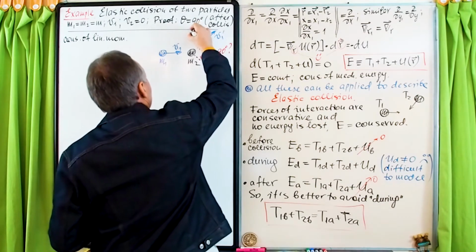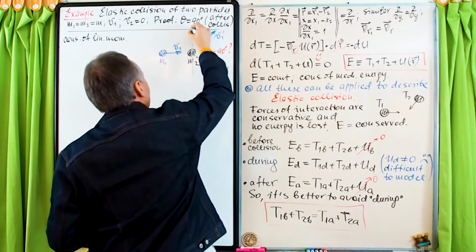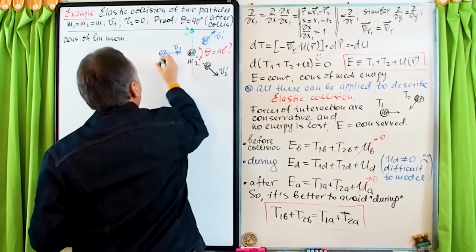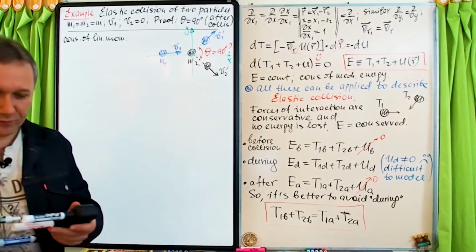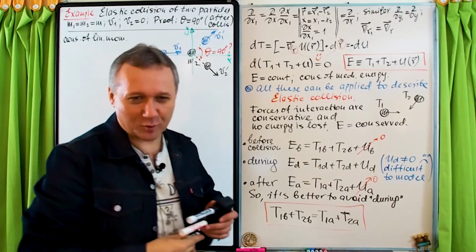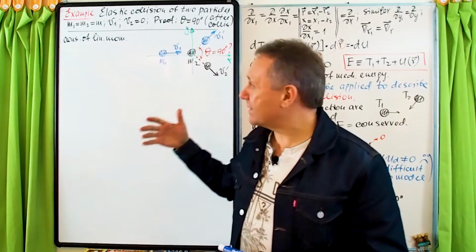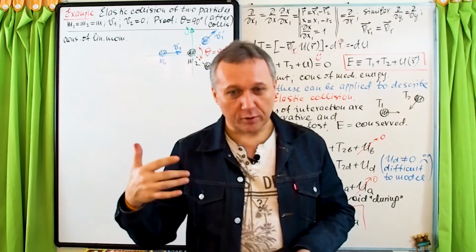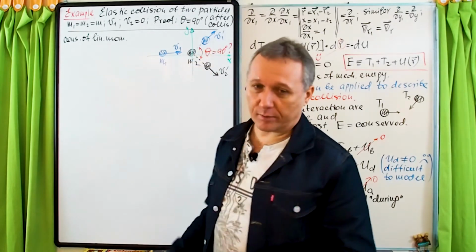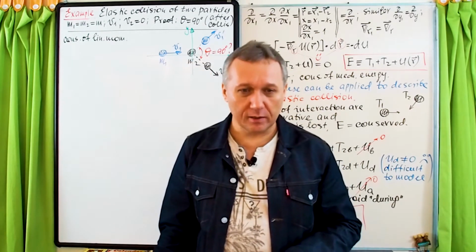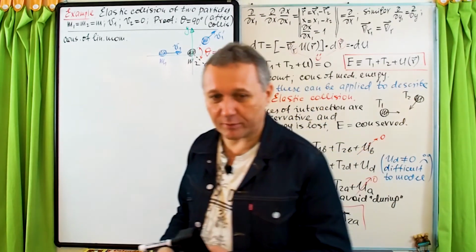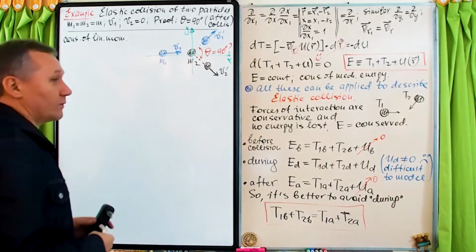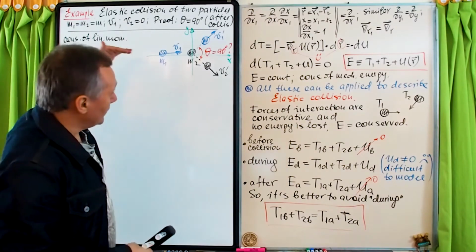Now I realize that something is missing. Let me introduce a coordinate system. Let's call this y, and this is x. We're dealing with vector quantities, so we have to introduce a coordinate system. There are no external forces in the x and y directions which can change linear momentum in those directions, so we can use conservation of linear momentum in x and y.